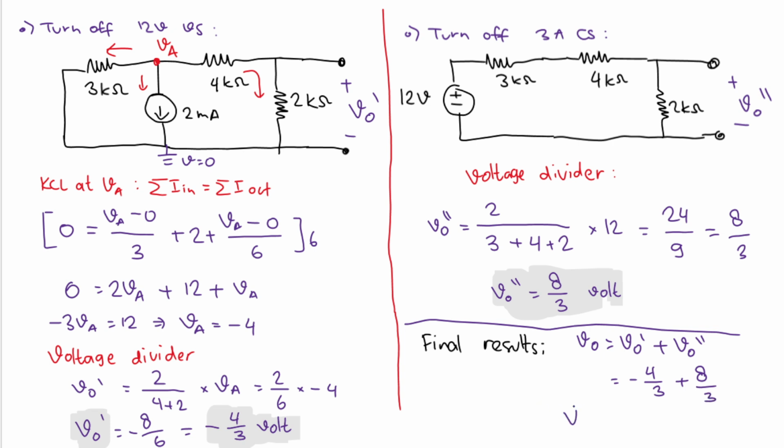Okay, we will have V0 is equal to minus 4 plus 8, that will be 4. And then we have the same denominator, so we'll have 4 divided by 3 volt. Or if we write it in decimal, we will have V0 is equal to 1.33. And the unit will be in volt. And this is the final answer for this problem.